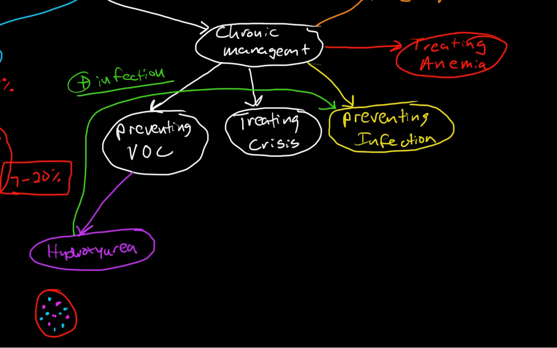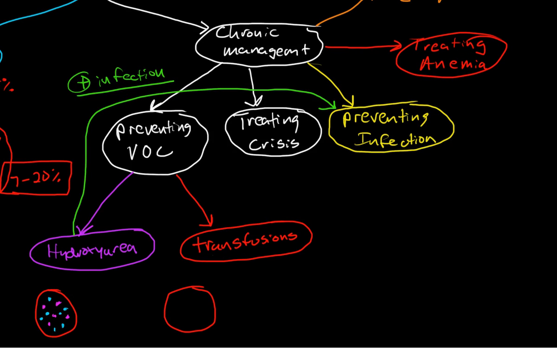The second part of preventing vaso-occlusive crises is chronic transfusions. Again, this works in some ways similar to hydroxyurea, because it decreases the concentration of red blood cells that have hemoglobin S in them.